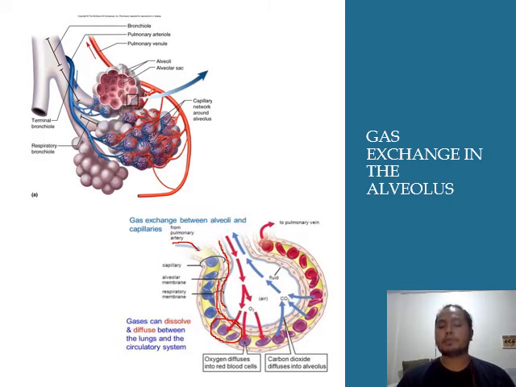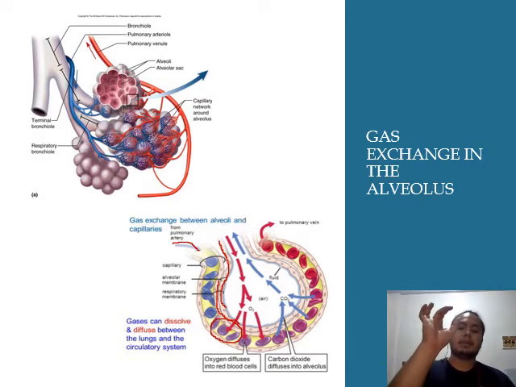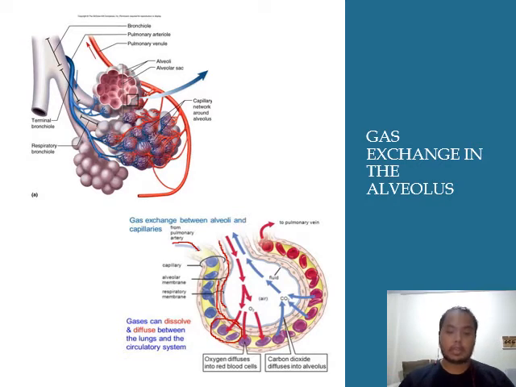So the partial pressure of carbon dioxide there is 46. Whereas the partial pressure of carbon dioxide sa atmospheric air that you just inhaled is 40. So maliit pero may difference pa din. By law of diffusion, kung saan mas madami, pupunta sa mas konti. So carbon dioxide will have a tendency to go into the alveolus.